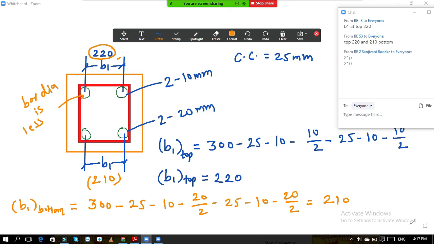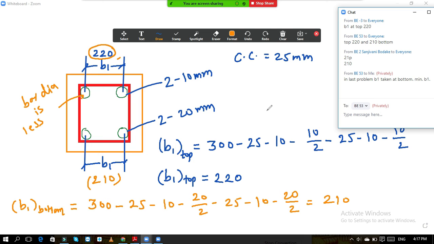Now in the problem, if you see, we calculate B1. No, in the last problem we have not taken B1 at bottom, we have taken B1 at top. Okay, you might have calculated at bottom, then the answer may be wrong. You have to make the correction.